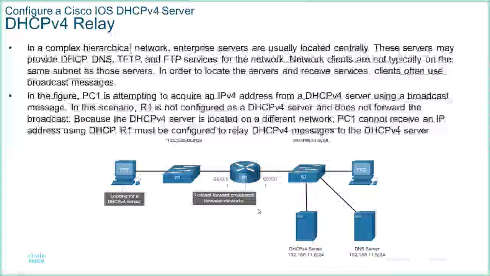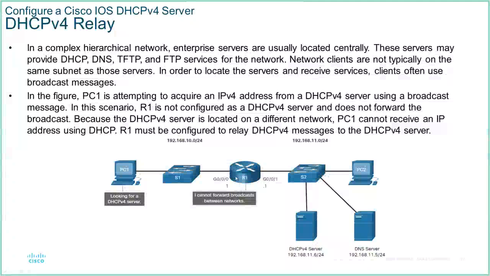So we would configure this device saying I've got an IP relay pointing at 11.6, and when PC1 sends out its discovery protocol going, I want an IP address, this device, if it's got a relay configured, will then forward it to the server configured as the relay.